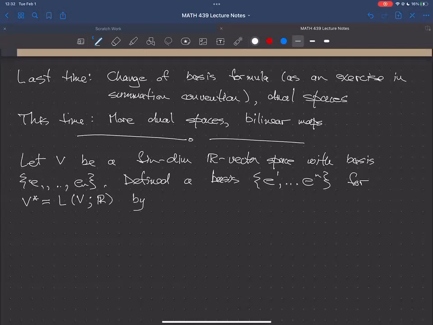The definition of the jth one of these basis vectors is that E^j acting on a vector v, where we expand v in its basis.